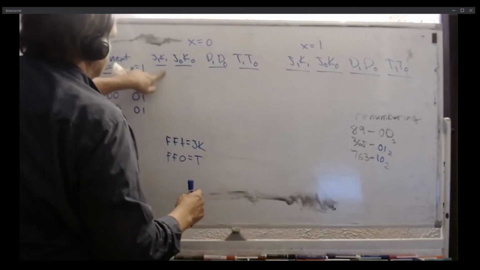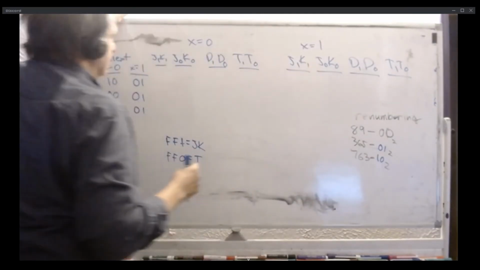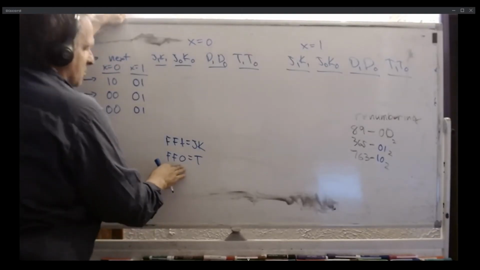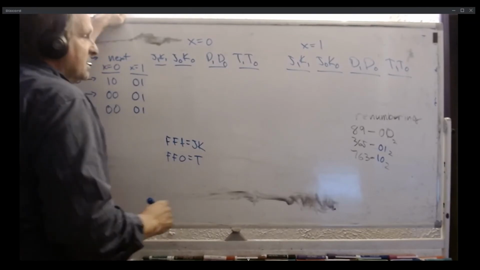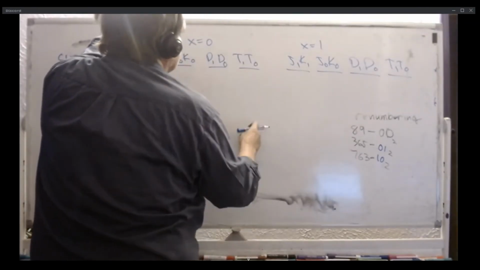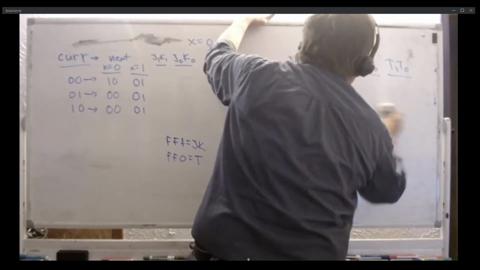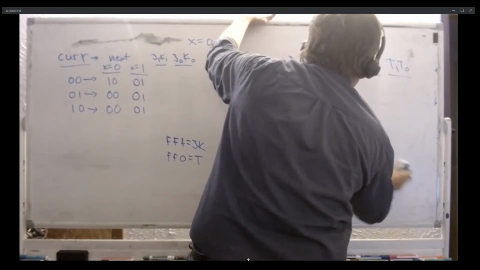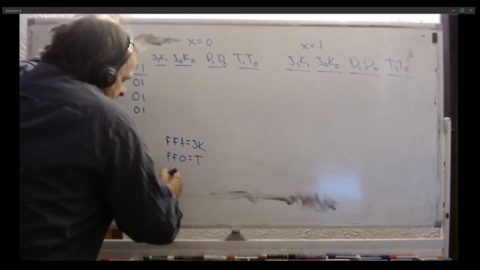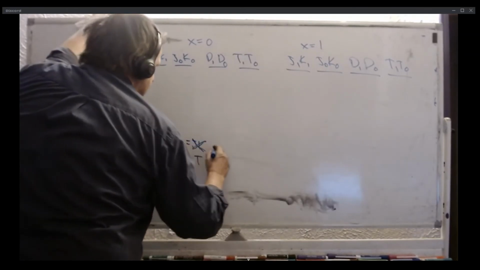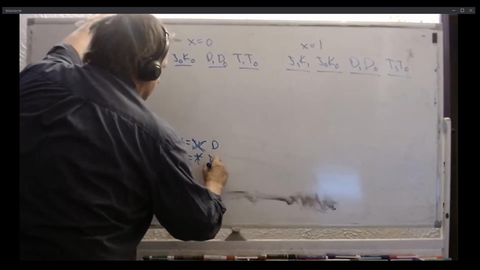We need this, and we need this, because x can be 0, x can be 1, okay? If flip-flop 0 is a T, then we would need this column and this column over here, okay? But what if we flipped it? What if it turns out that the best implementation is a D for flip-flop 1 and maybe a JK for flip-flop 0?